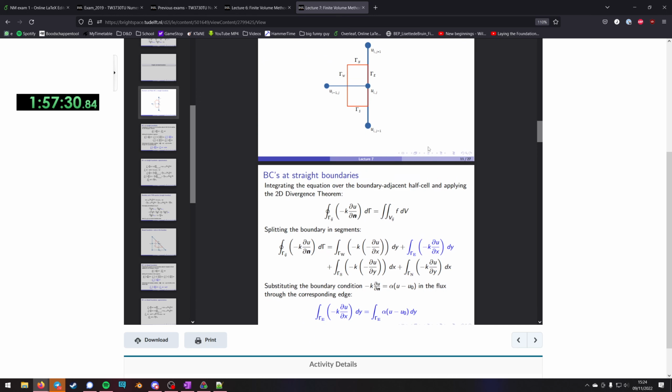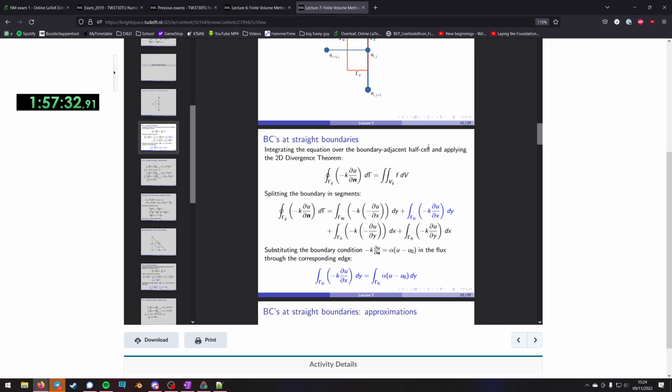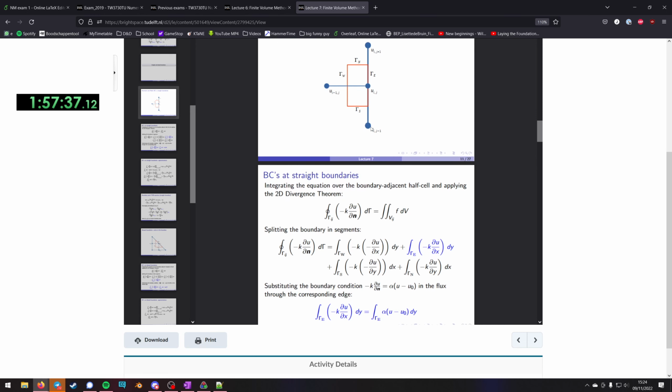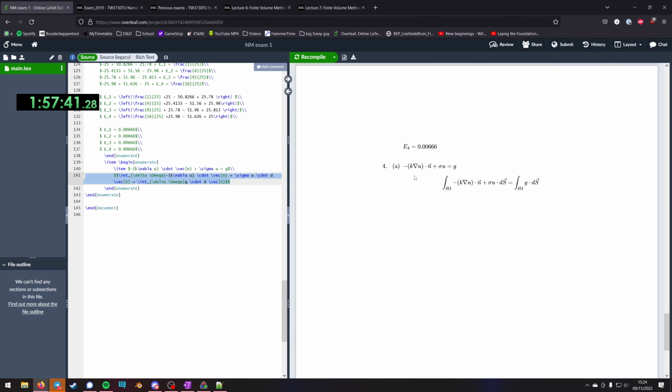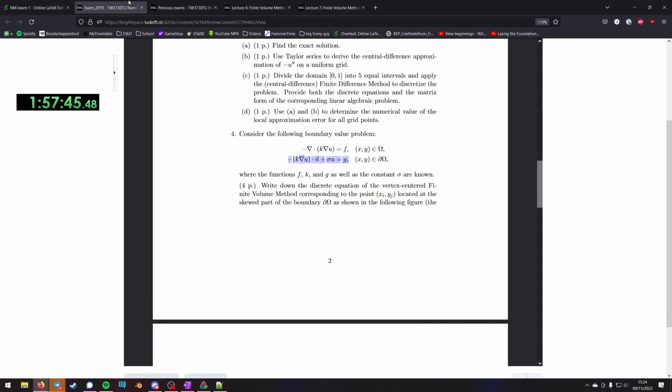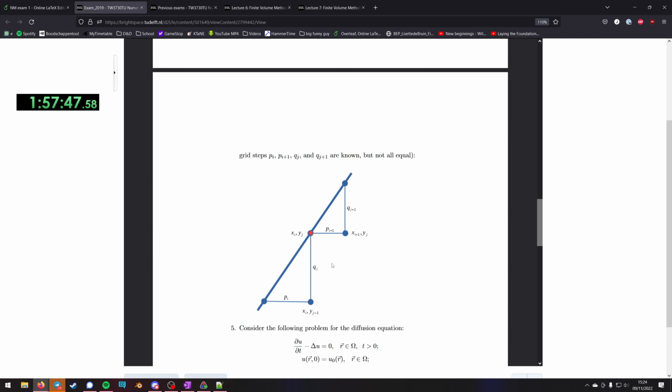Yeah, so you can see when there's a straight point, what they do is they split the boundary into segments. So while iterating over the entire outside, in our exam we'll iterate over this, this, and then this skewed side, I think. Right?